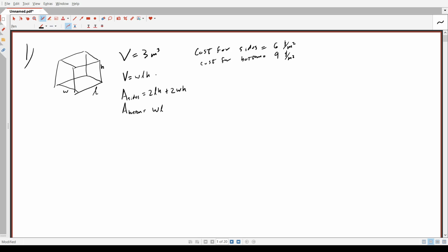Okay, so here with this one, I can rearrange this, and I have H is equal to V over WL. And why would I want to do this? Because I know that V is just always 3.